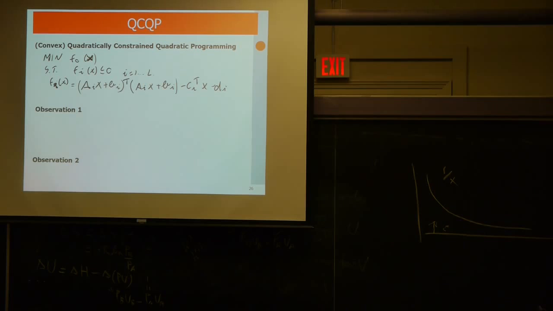But indeed, we could just say x transpose Q x plus b transpose x plus a constant, right? But we have to be careful that this Q has to be convex. So this Q cannot be anything. That's my point. Okay, but if it's in this form, this is always a convex quadratic problem.